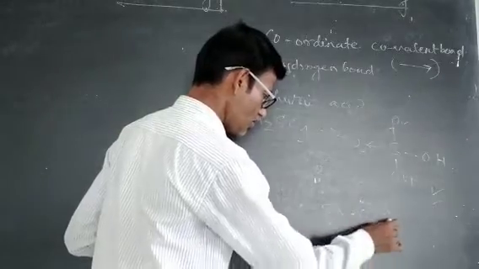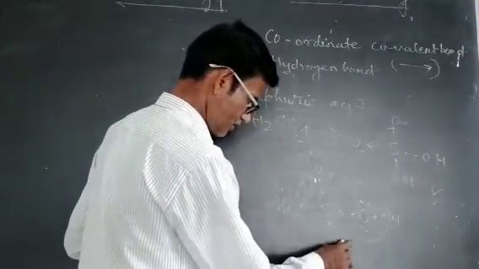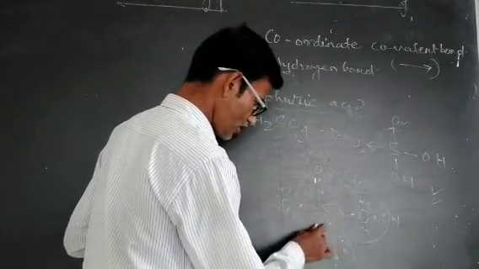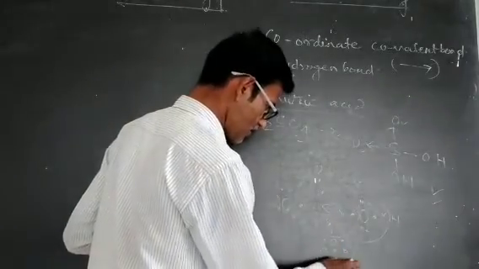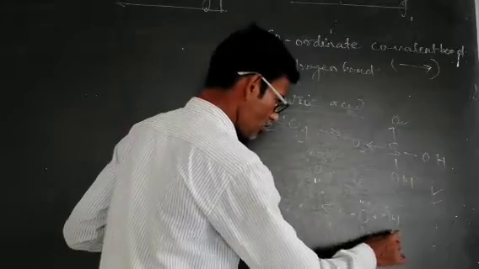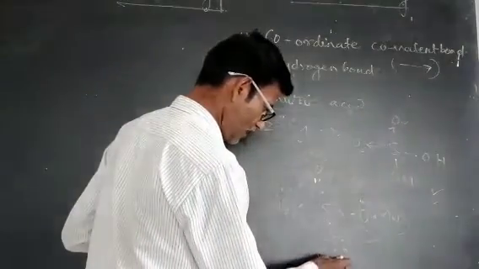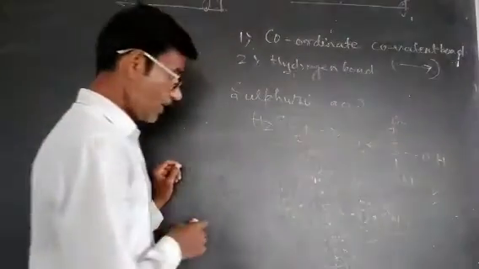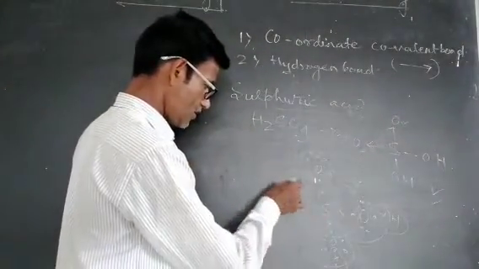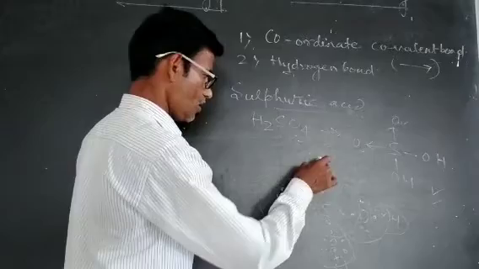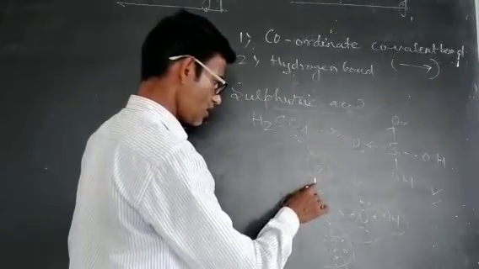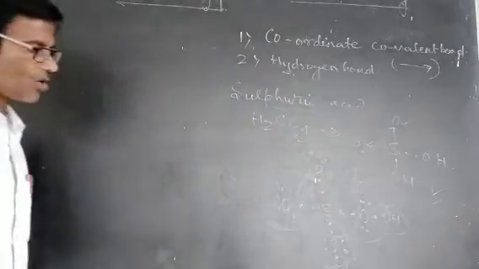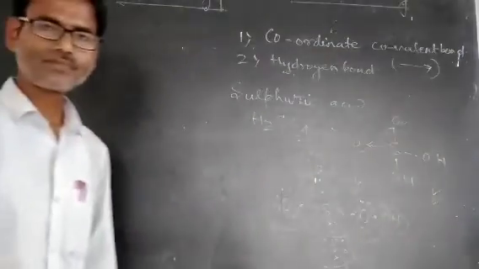Each oxygen also acquires octet state. Each of the 4 oxygen atoms acquires octet state. Each of the 2 hydrogen atoms acquires duplet state, meaning the configuration of helium, and the 2 atoms linked with sulfur forming dative bond also acquire octet state.